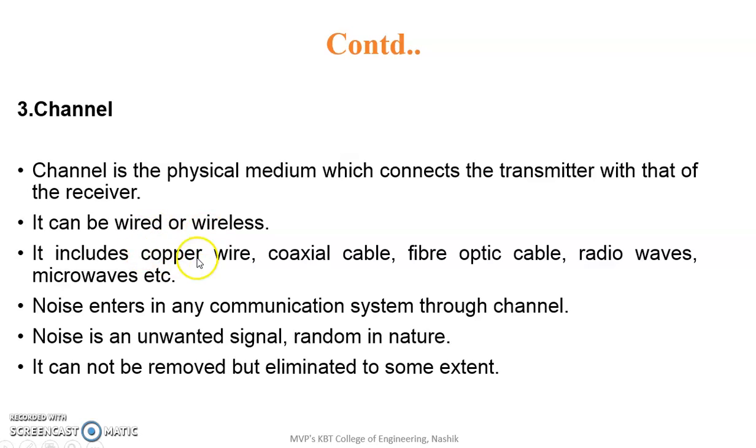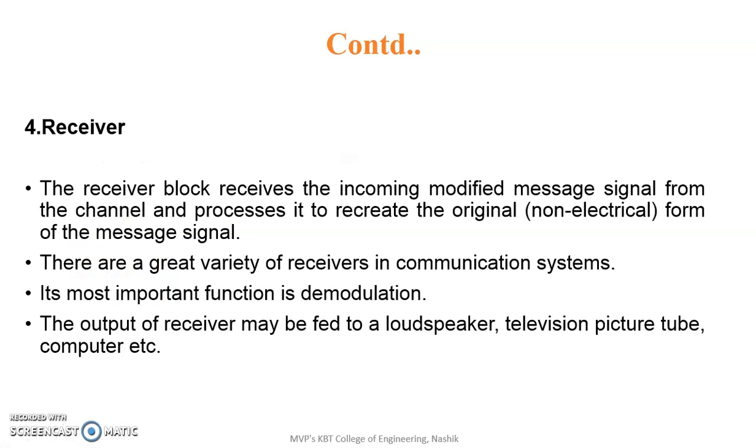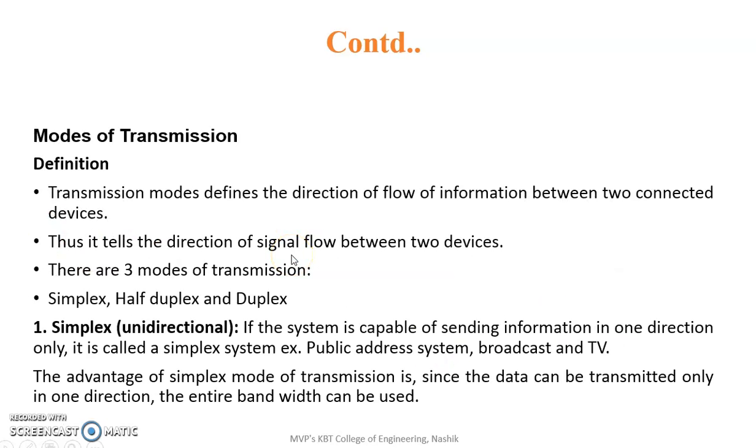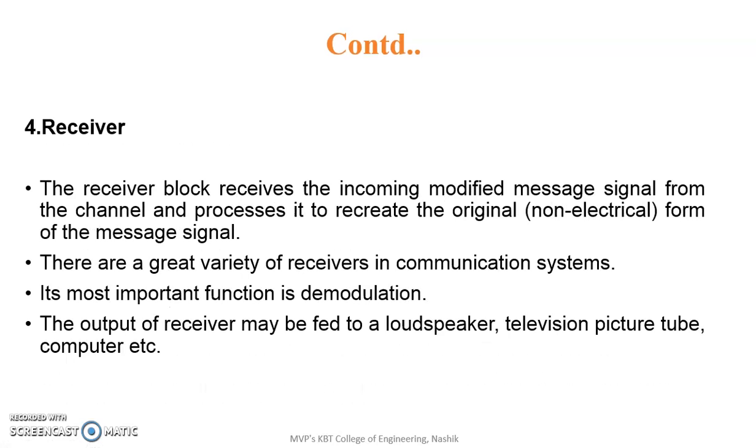In wired, there are copper wires, coaxial cable, and fiber optic cables, and in wireless, radio waves and microwaves are considered. Then there is a receiver. There are different types of receivers that receive the signal, and it is further given for display purposes, that is the destination. So this is about lecture 1 on unit 6.